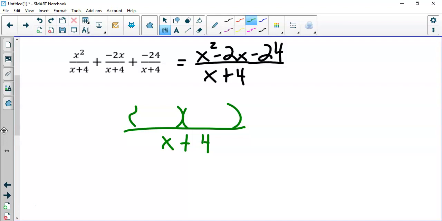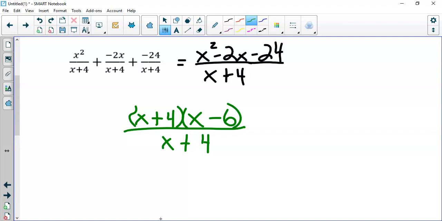Cool. Yeah, we got a plus 4 and a minus 6, because a positive times a negative is negative, and 4 times 6 is 24. And then when you add those two together, you definitely get the negative 2. See, like I said, most of your factoring, we're going to keep that a value 1, which makes it factor a little bit faster for us.